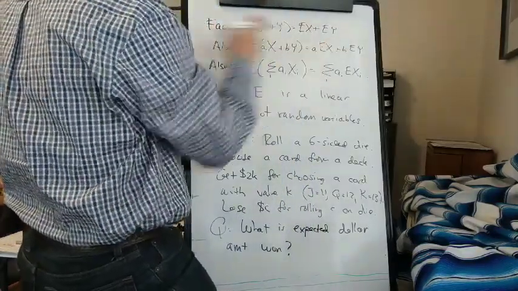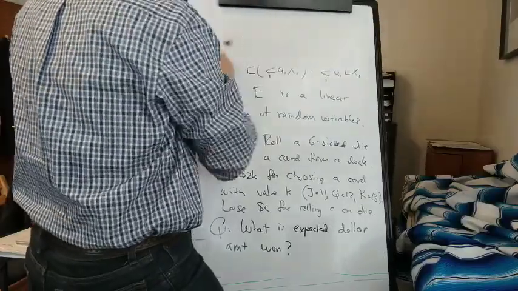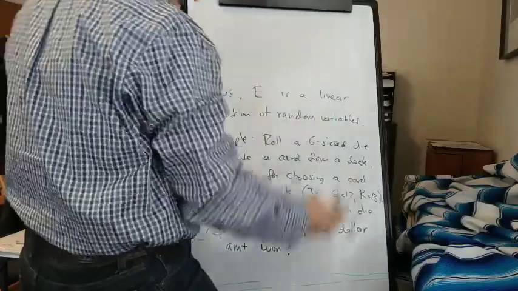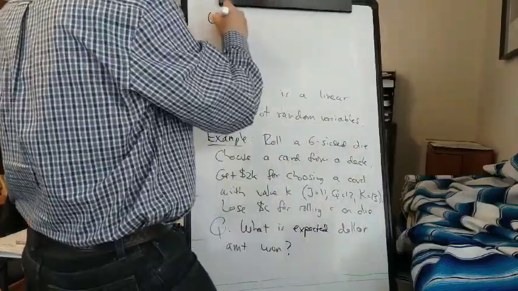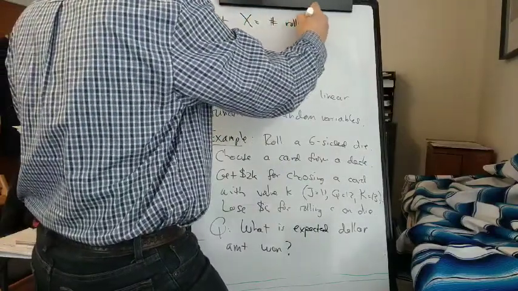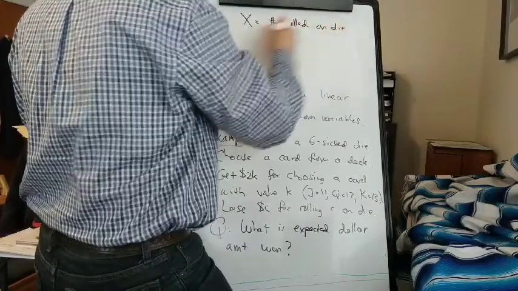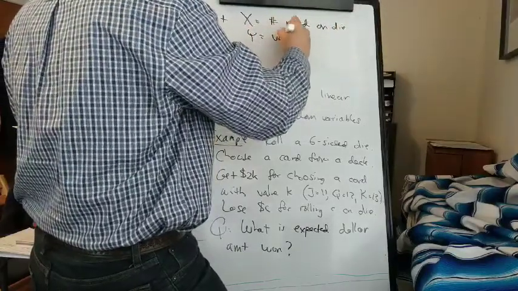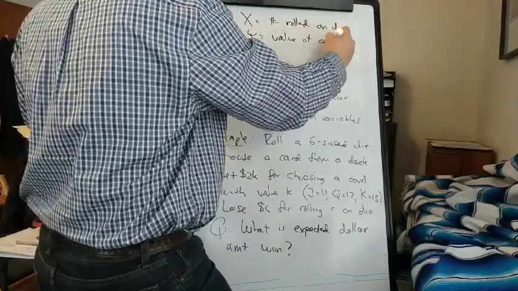Alright, so we're going to use this rule. We just need to define x and y. Let's let x be the number rolled on the die, and let's let y be the value of the card chosen.